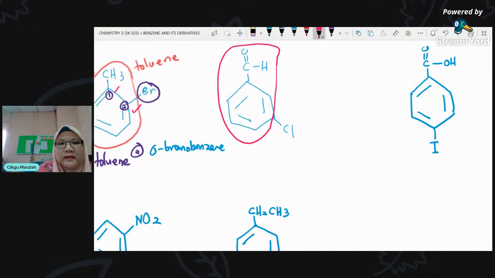Cuba cari. Ada tak dalam senarai 6 tu yang macam ni? Ada kan? Which is benzaldehyde.